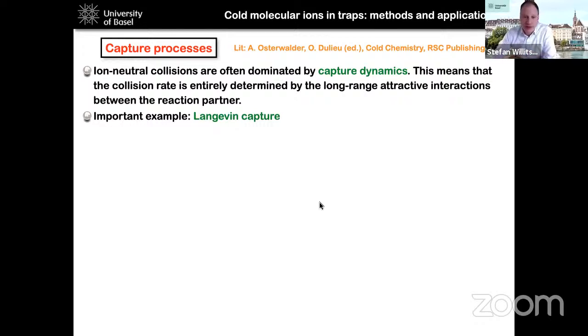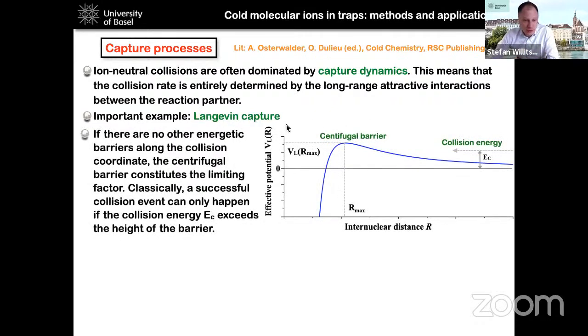And one of the most important cases of such capture processes between ions and neutrals is so-called Langevin capture. That is the case when the long-range interaction is dominated by this Langevin interaction, the ion-induced dipole interaction, the C4 term.